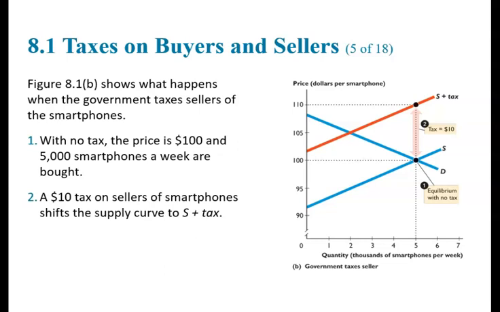Now how will it shift? The new supply curve will be above the initial supply curve. And how far above? It will be $10 above every point on the initial supply curve.